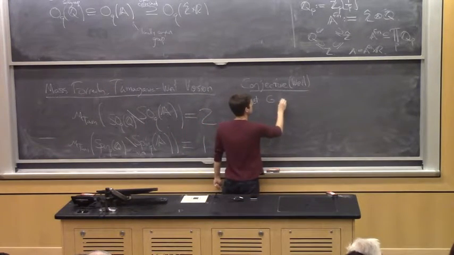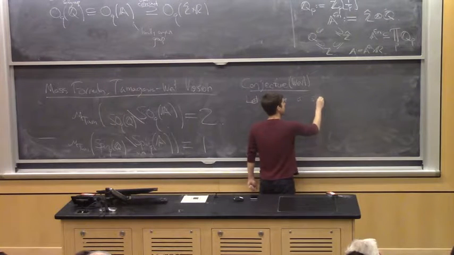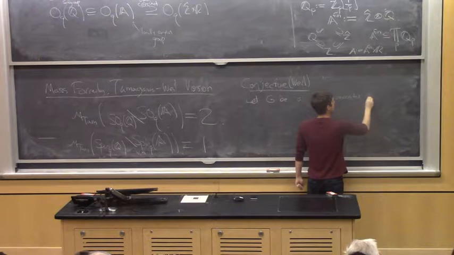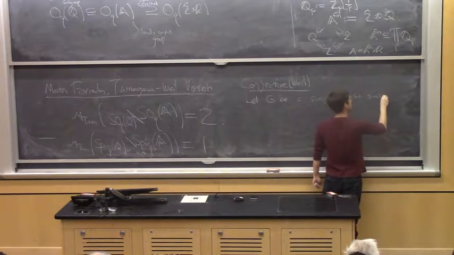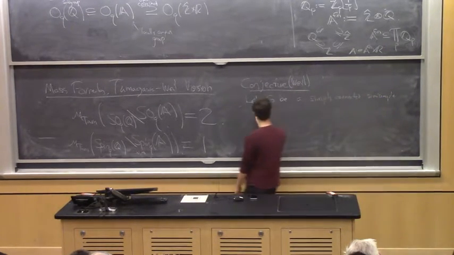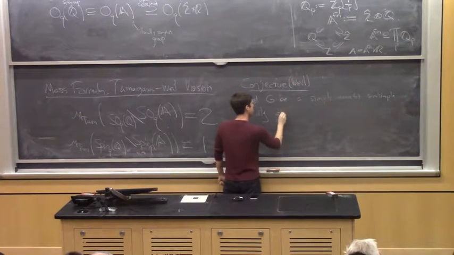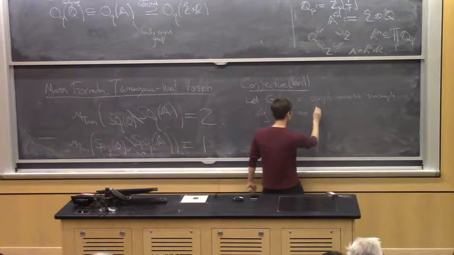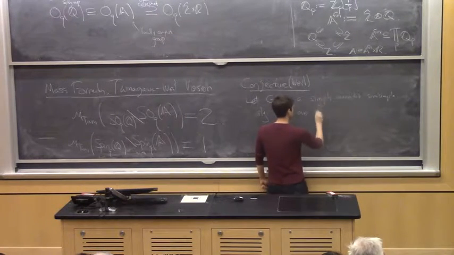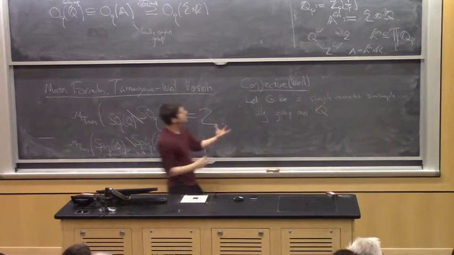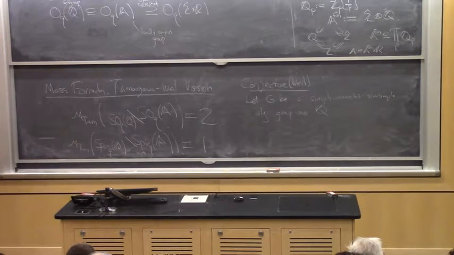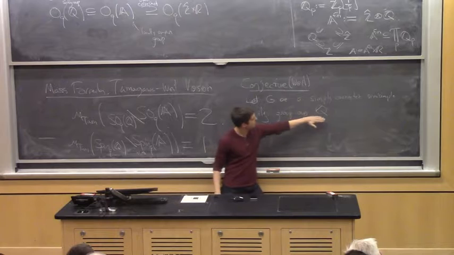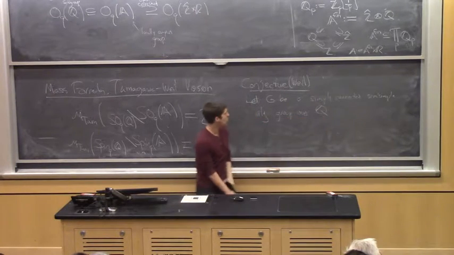So let G be a simply connected semi-simple algebraic group over the rational numbers, meaning something that's described as a subset of GL_n cut out by polynomial equations where the coefficients of those polynomials are rational.